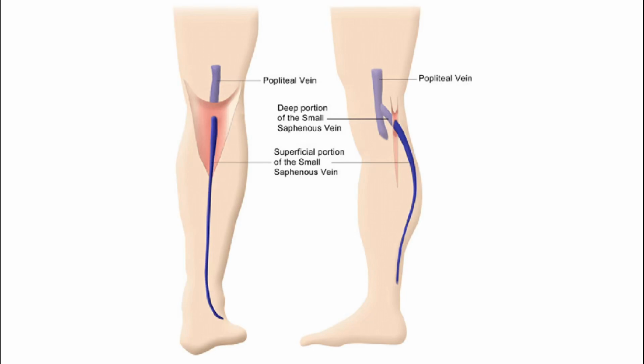Here is another image showing the short saphenous or lesser saphenous vein as it starts posterior to the lateral malleolus and goes up on the posterior surface of the leg, and then it is going to enter the popliteal vein where it has a guarding valve.